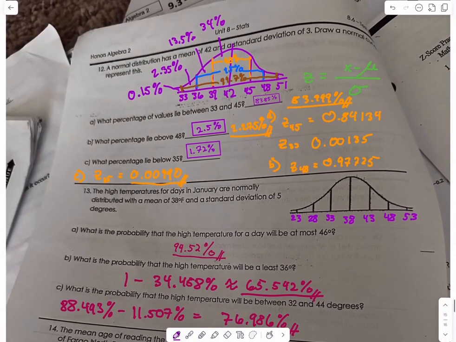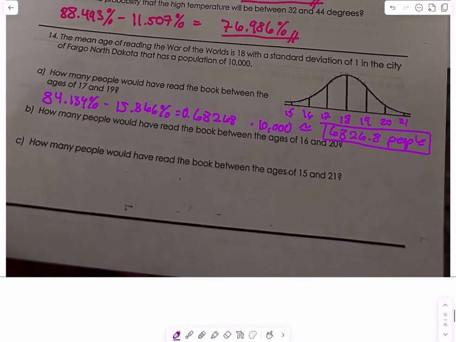So from the 68, 95, 99.7 rule, that should be 95% of the population. So it should be 0.95 times 10,000, about 9,500 people.